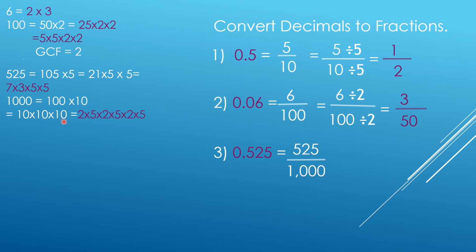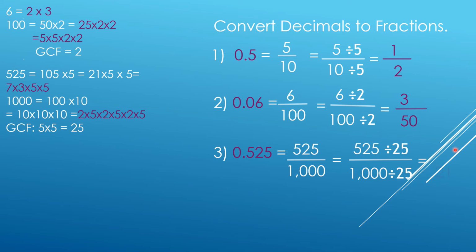But 10 is not a prime number, so you can find the prime factors of 10, which are 2 times 5, 2 times 5, 2 times 5. So how many common factors are here? We have 5, 5 there, and 5, 5 here, which means 5 times 5, that is 25. So we can divide the numerator and the denominator by 25. 525 divided by 25 is 21, and 1,000 divided by 25 is 40.